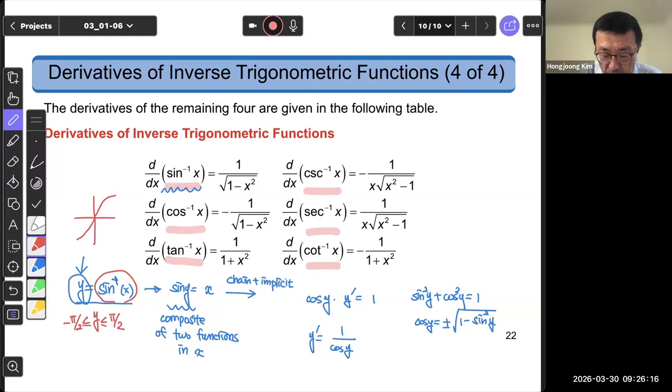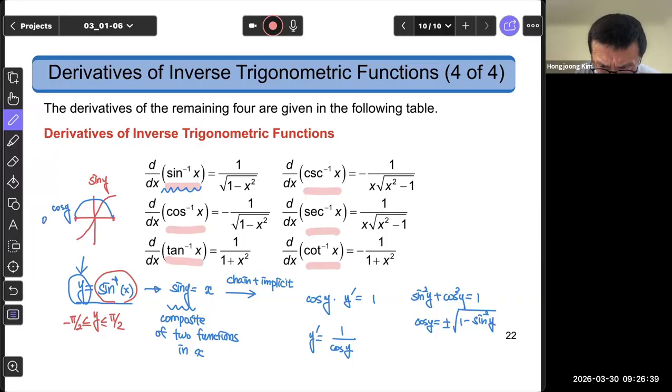So this is the graph of sine y. And on that interval between minus half pi and half pi, this is the graph of cosine y. In other words, cosine y is always non-negative between negative half pi and half pi.